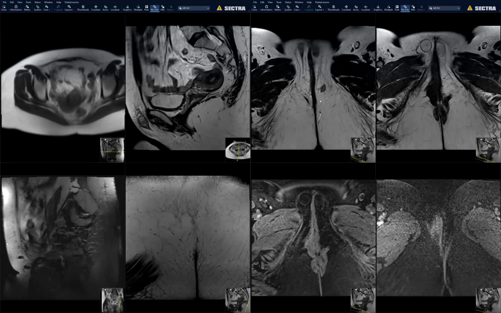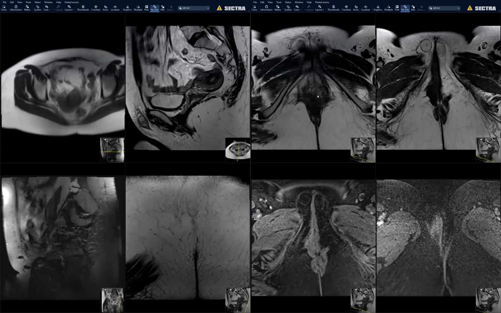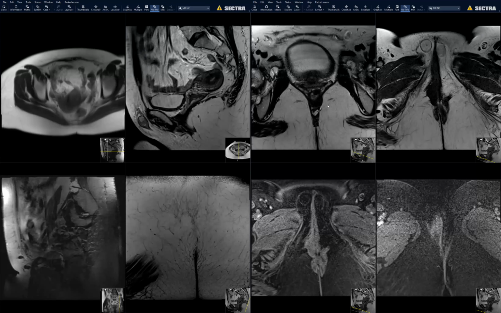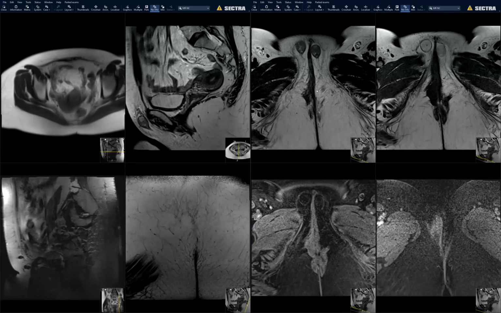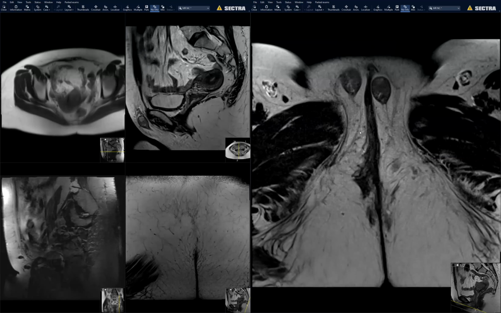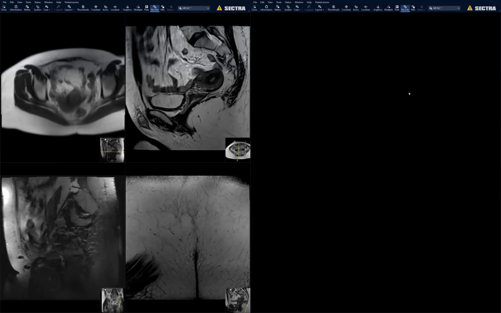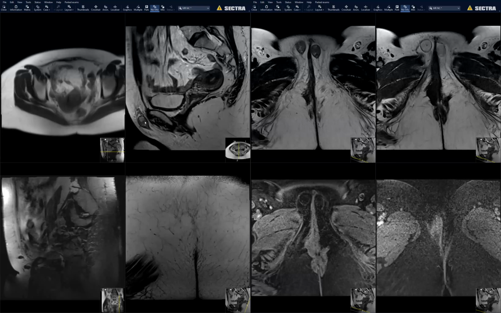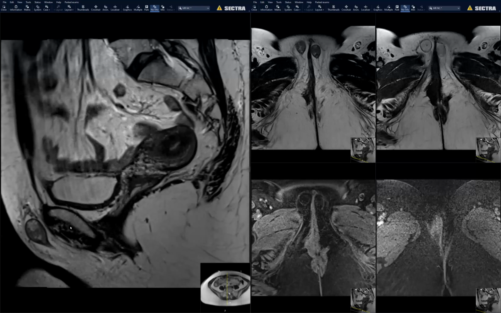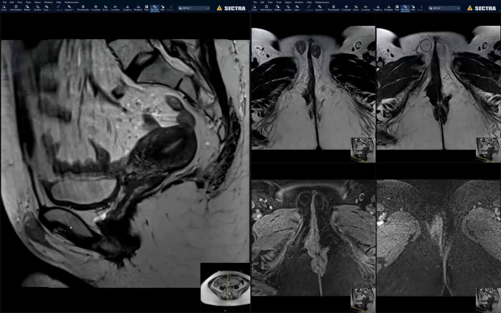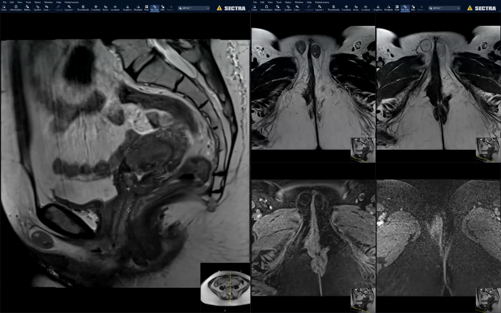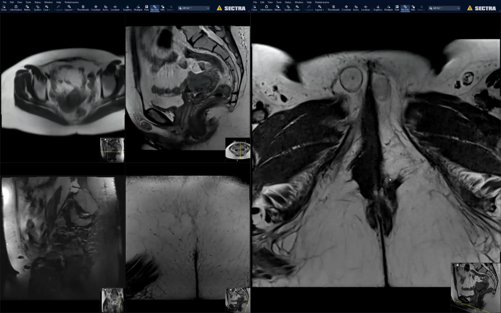So there's a 31-year-old patient who had radiation therapy for some pelvic cancer. And while seeing the patient, this is what we saw. This is it on T2. This is sagittal T2. And then this is how it is on T1.